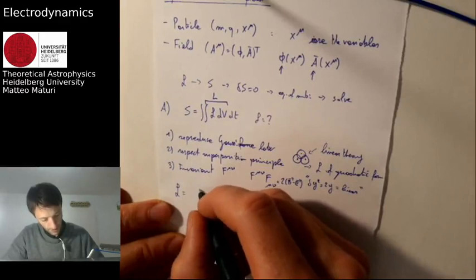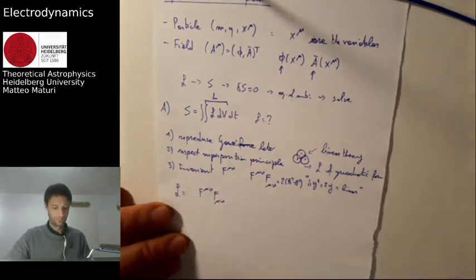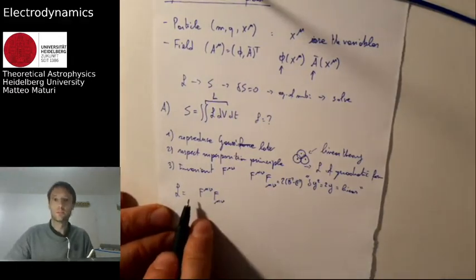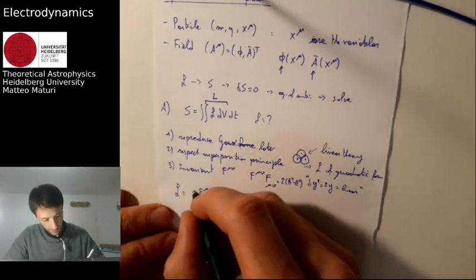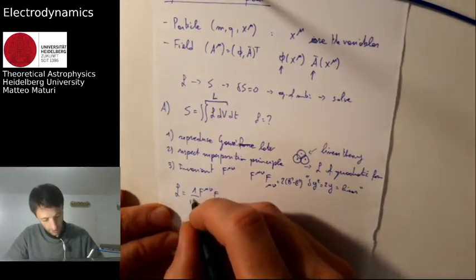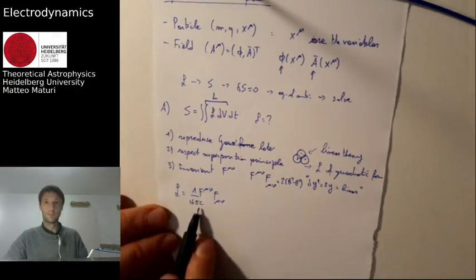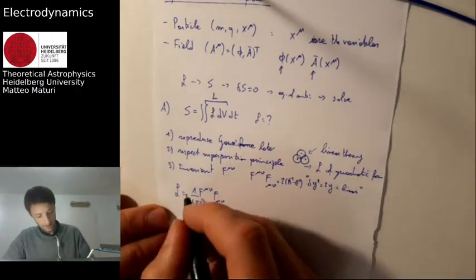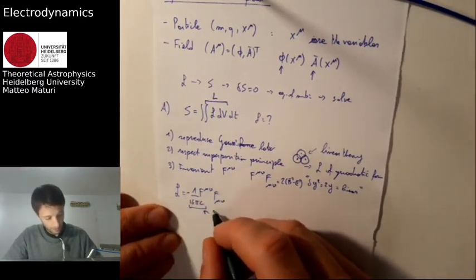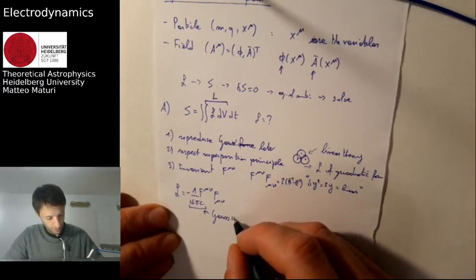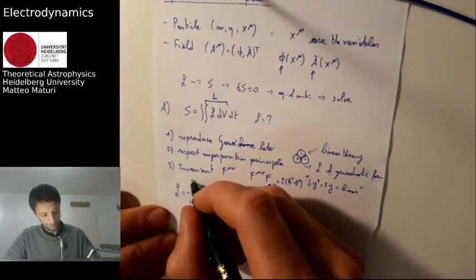So we are going to have F mu nu F mu nu multiplied by some constant. How do we choose the constant? Well, we define the constant such that we have Gauss units, for example 16 pi c, and then we have a minus.